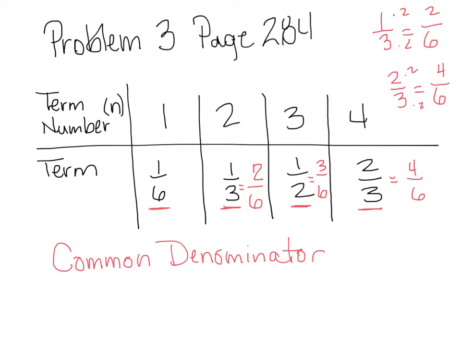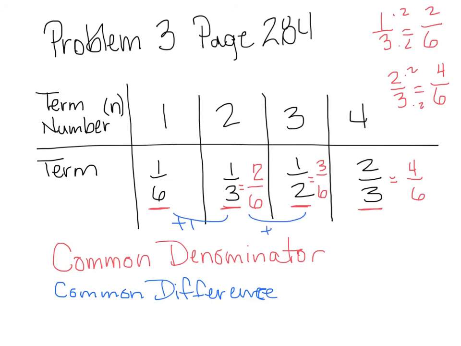What is the common difference of my numerators? I am increasing by 1.